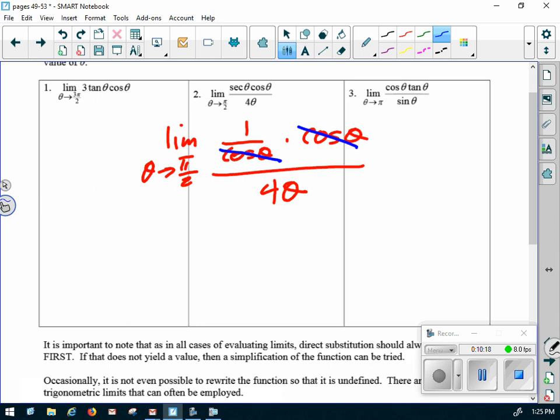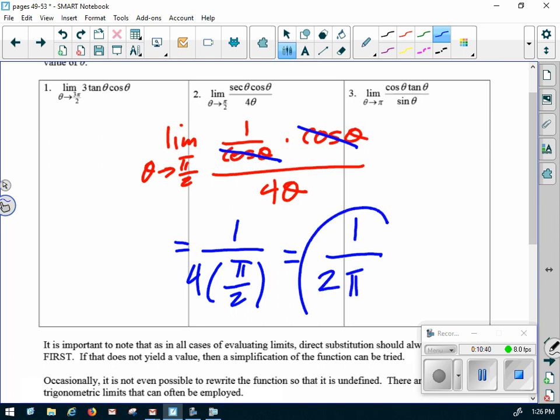What's my numerator? 1 over 4 times pi over 2. So that's 1 over 2 pi. Your limit is 1 over 2 pi.